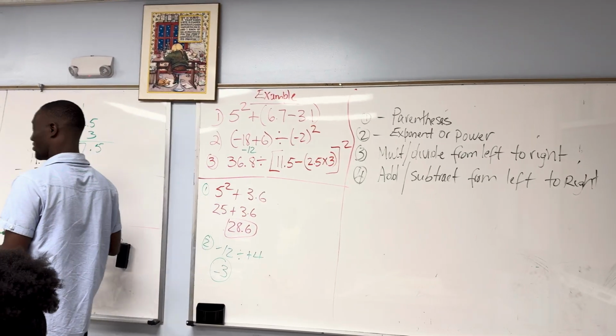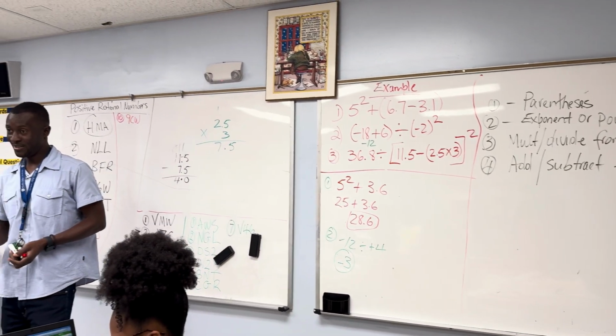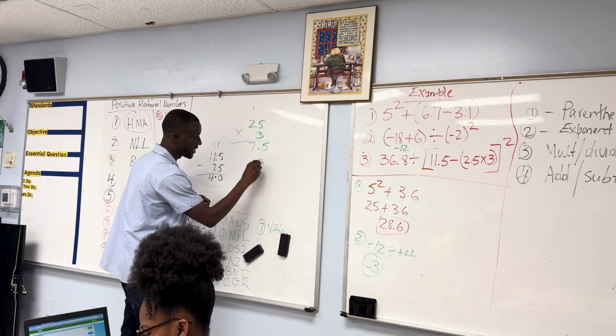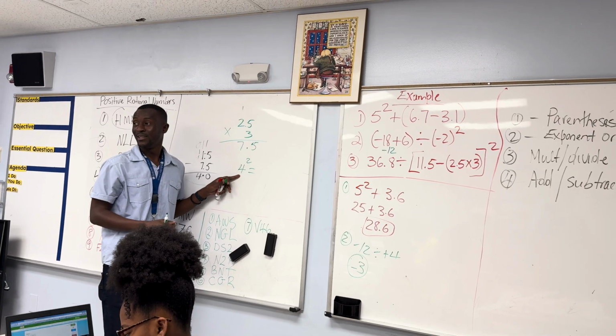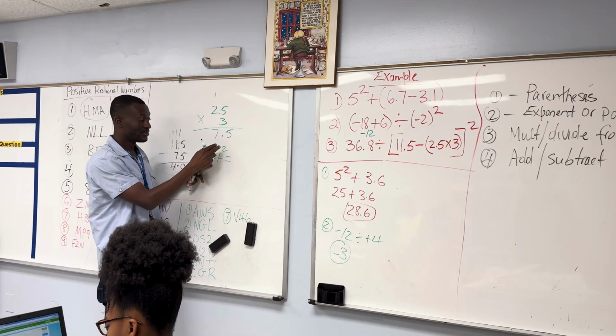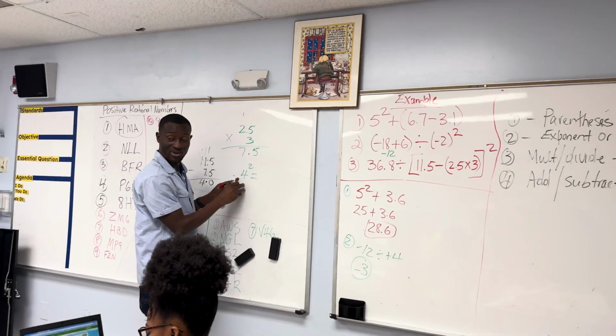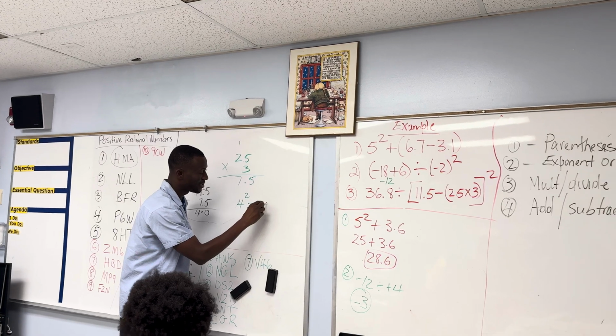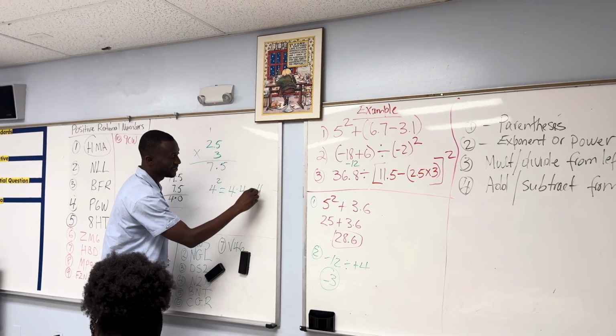It's 16. Let me write it so you can see. Remember what I said? The exponent tells you how many times you multiply the base. 4 is your base and 2 is your exponent. So it's 4 times 4, which is 16.